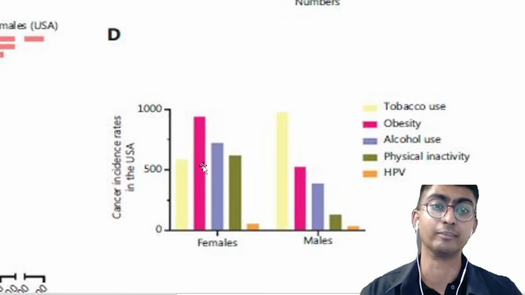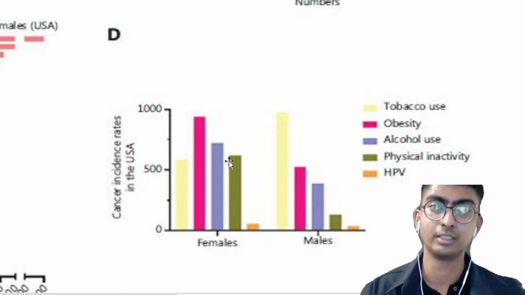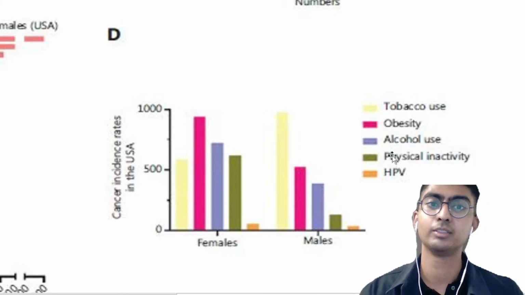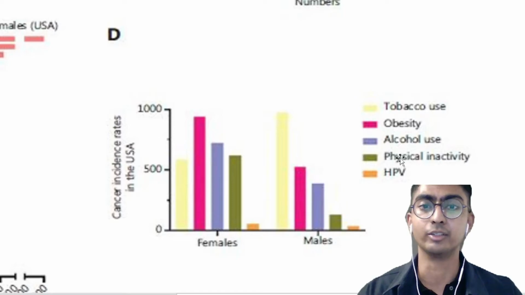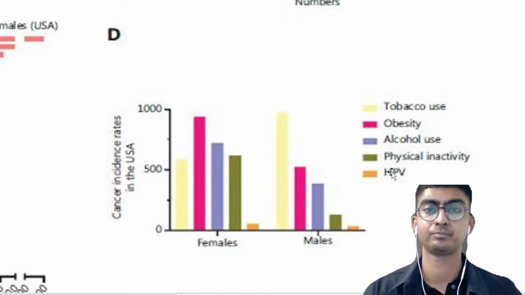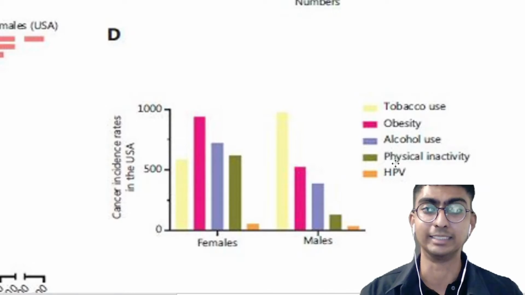Obesity is definitely a factor. If you are unhealthy with a very weak cardiovascular system, you may be at high risk. Next one is alcohol use, physical inactivity, a very crucial one, and lastly, HPV infection is also a factor in getting cancers.